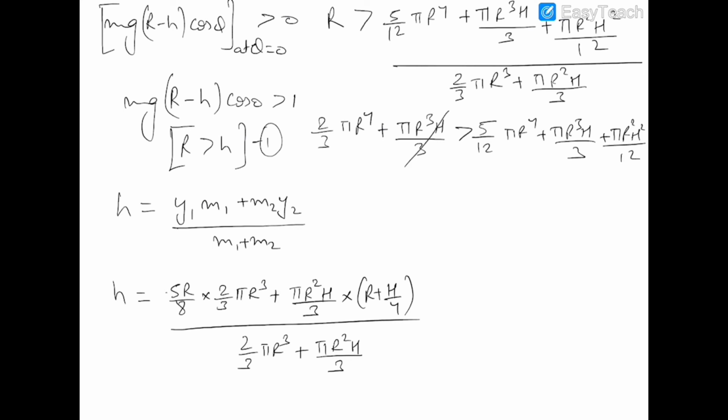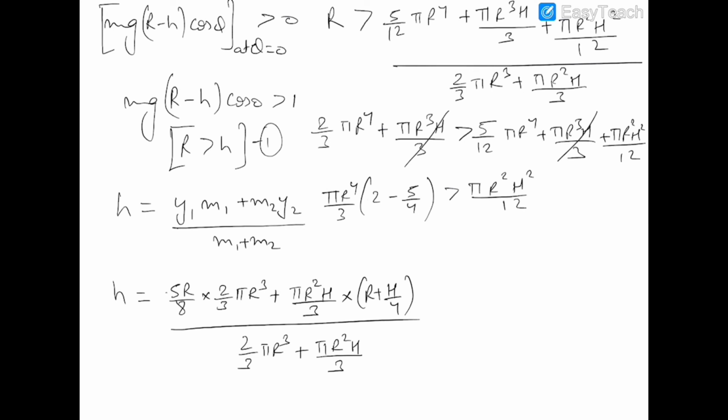Now cancelling this out, 2 by 3 minus 5 by 12, or in fact I can say that pi r to the power 4 by 3 is common, 2 minus 5 by 4 should be greater than pi r square h square by 12.